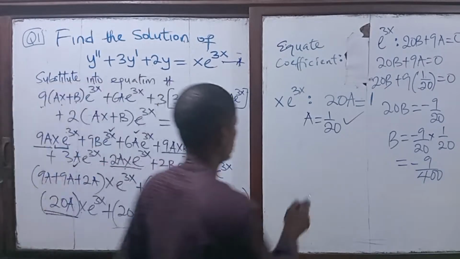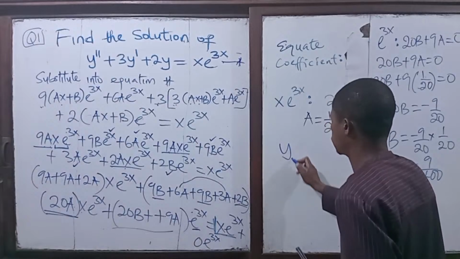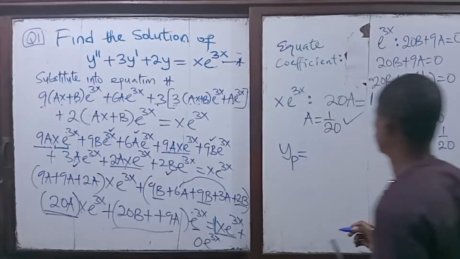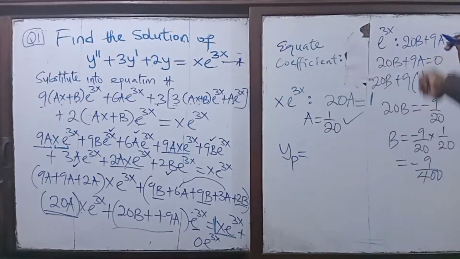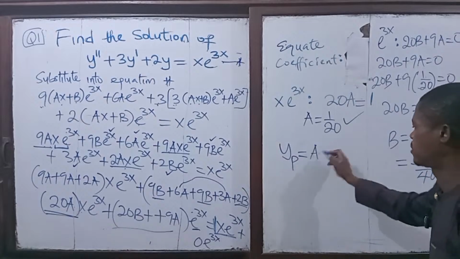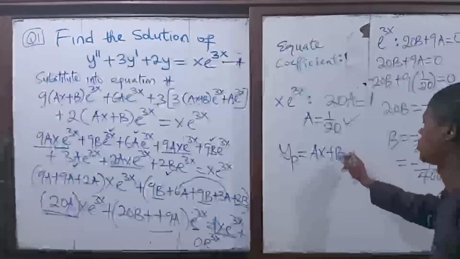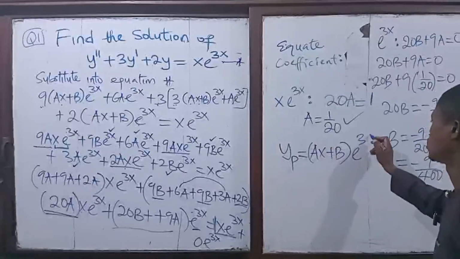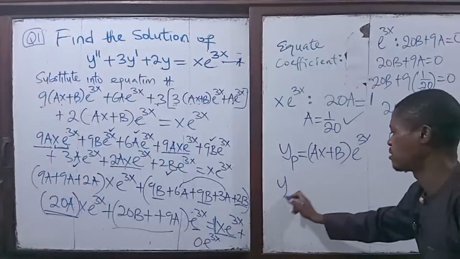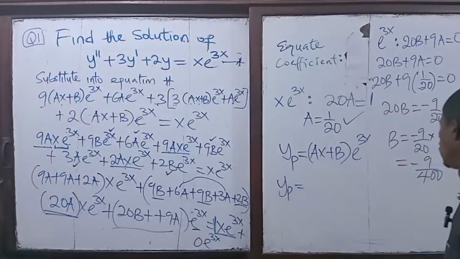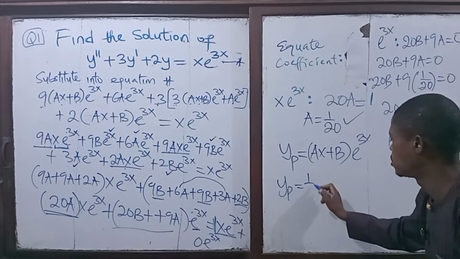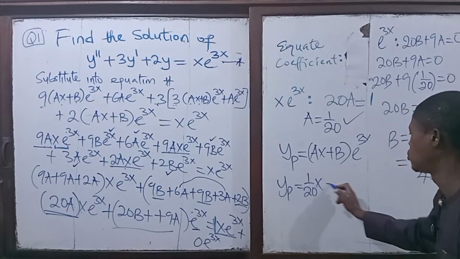Now write the particular solution. Don't forget, this is a particular solution. Plug in the constant values. A is 1 over 20 times the variable x.